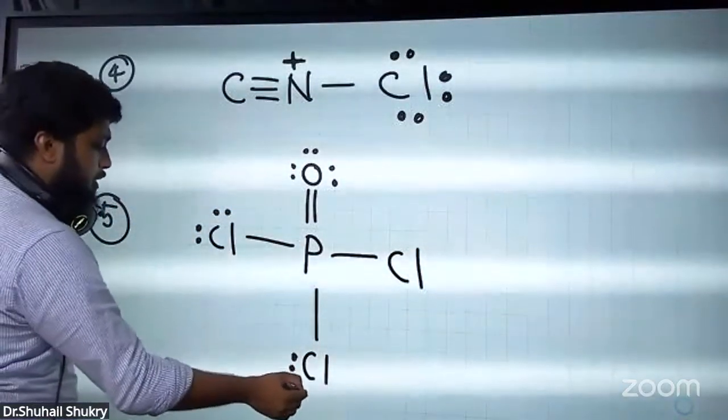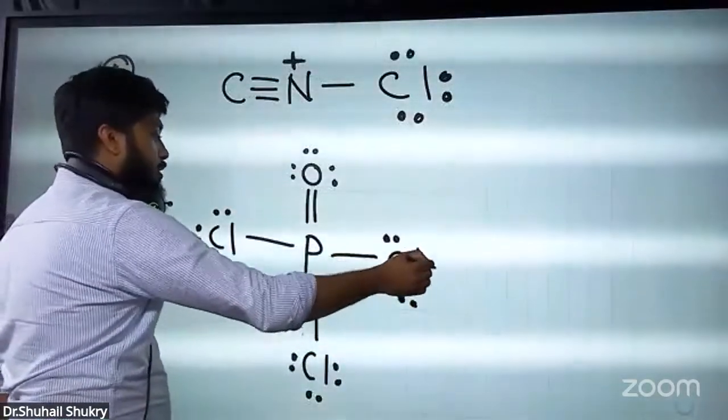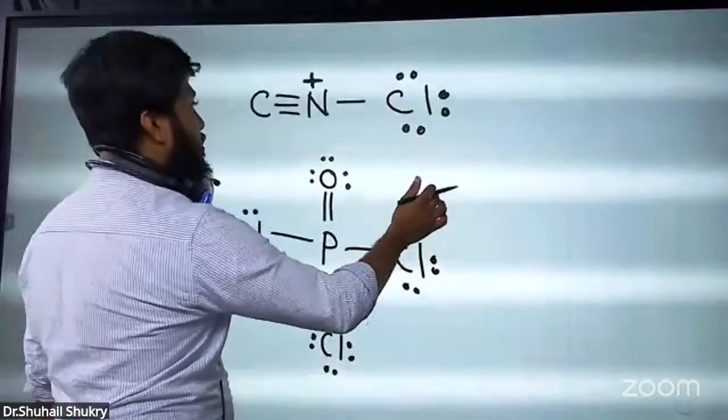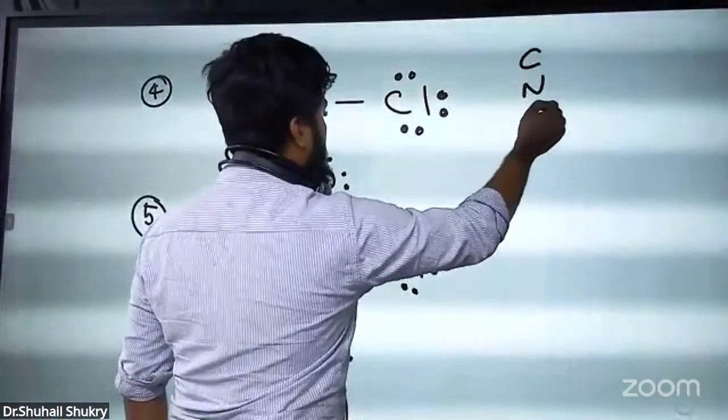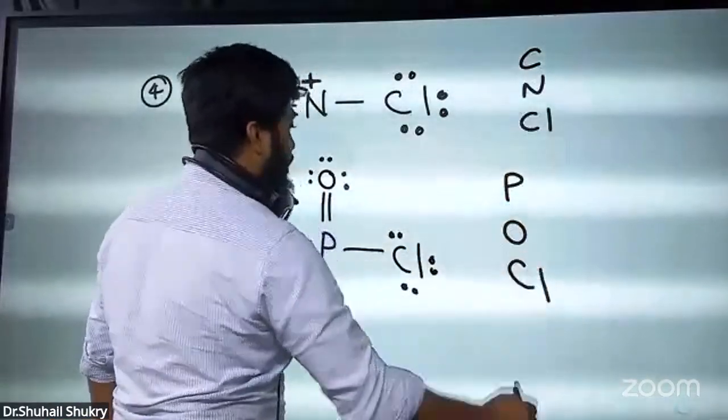You don't need to write how many sigma bonds or lone pairs there are. If you just write the hybridization, that is enough. You just write what is carbon, nitrogen, chlorine, and write the hybridization. You put phosphorus, oxygen, chlorine, and write the hybridization.